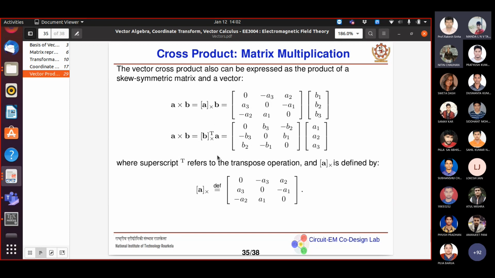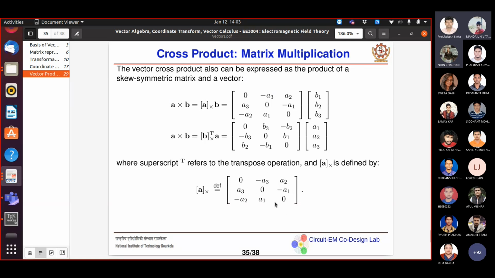This matrix has been formed by column vectors. This first column vector has been formed by taking the cross product of the unit vector in the x direction with the vector A. Similarly, this column vector has been formed by the cross product of y with the vector, and this one by the cross product between z and the vector.